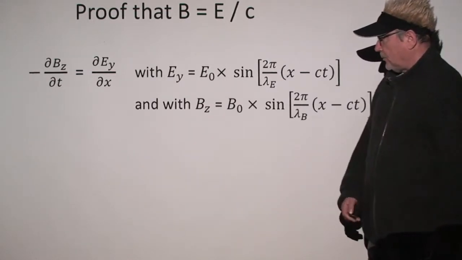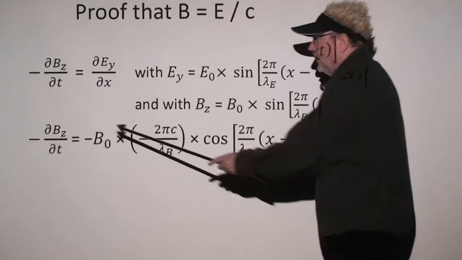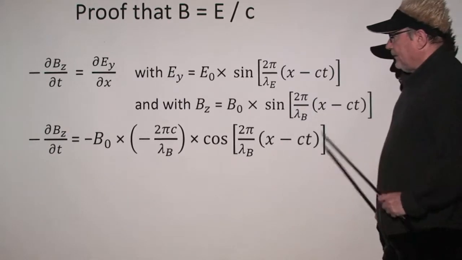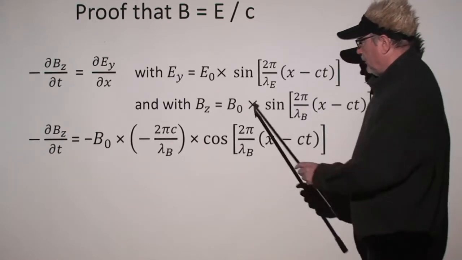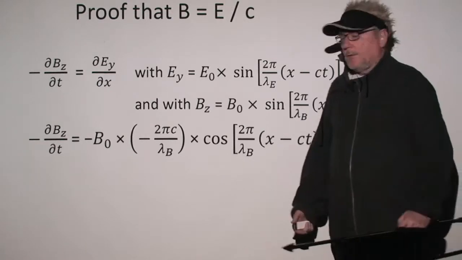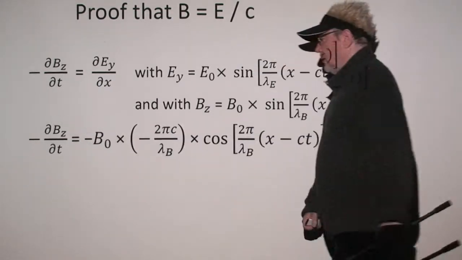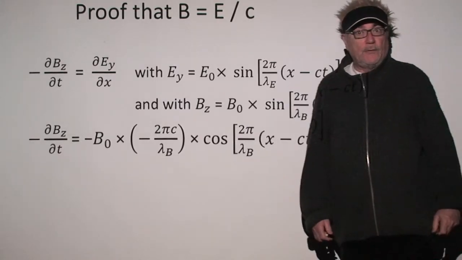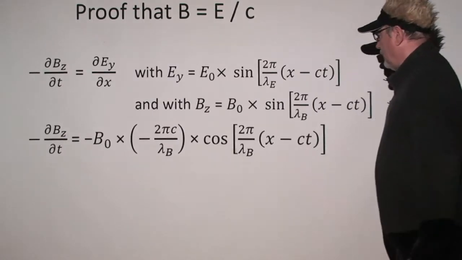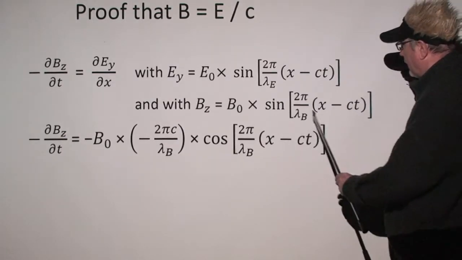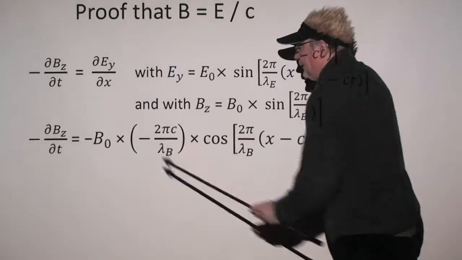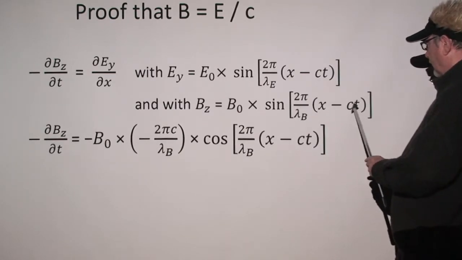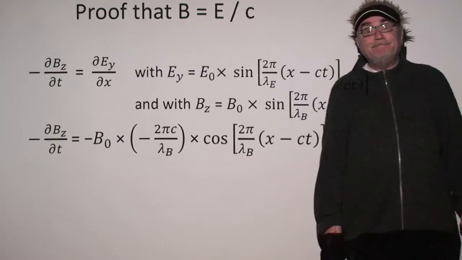So what do we get with that? It's fairly easy. We derive this function over t, and we use B naught, which is a constant. The minus sign comes from there, and then we derive the sine, which, remember, gives a cosine, and then we derive this part relative to dt, so that's 2 pi over lambda b times minus c, which is what we get here.